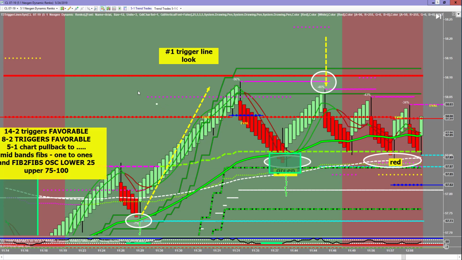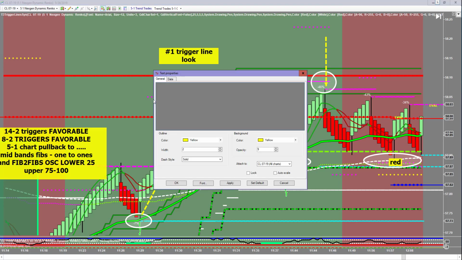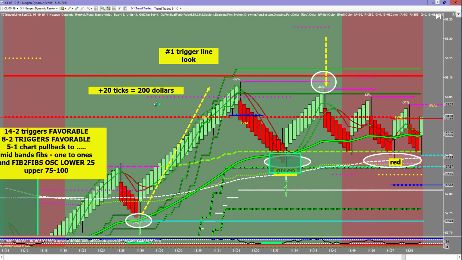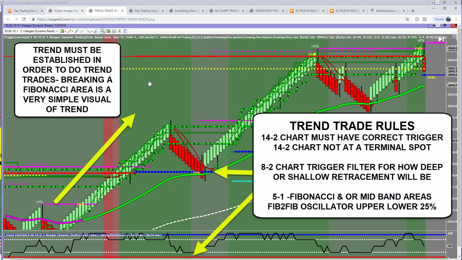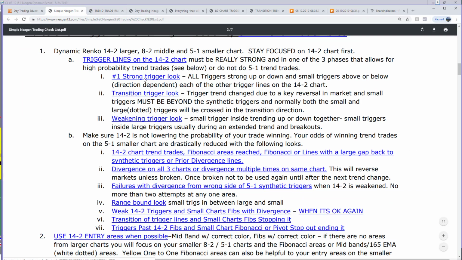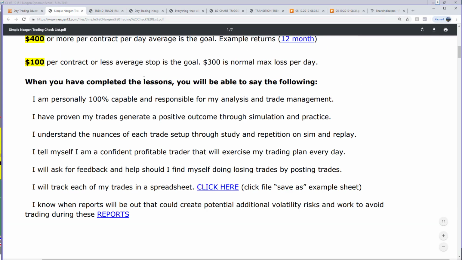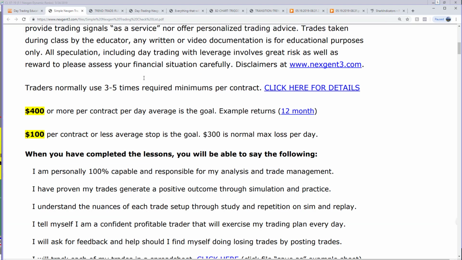I want you to think about something for a second. Plus 20 ticks equals $200 on one contract. Everybody okay with that? Now, one more little nip into the plan so you don't lose sight of our objective, okay? Because your objective is to make money. If you have a different objective, please state it for the camera now.